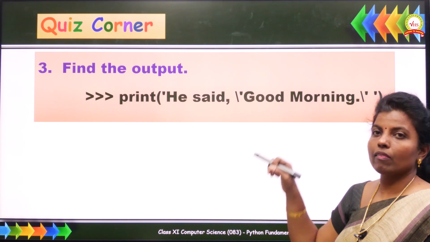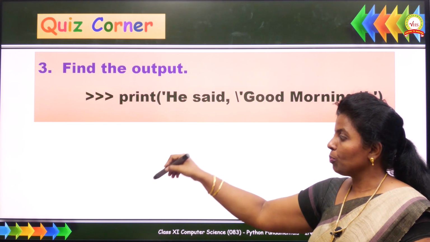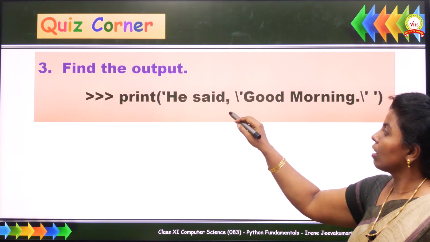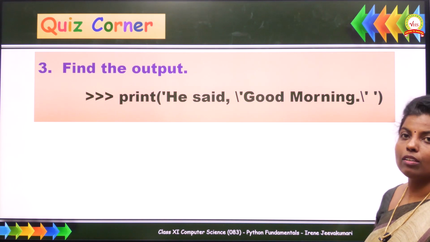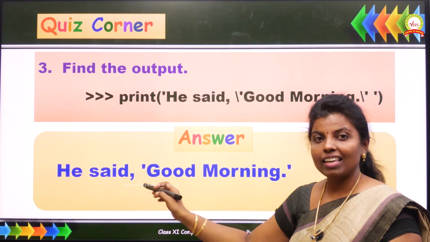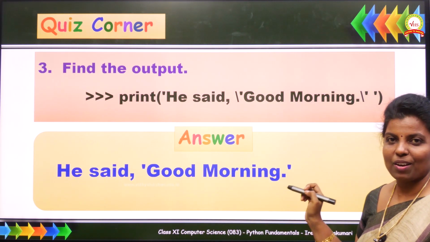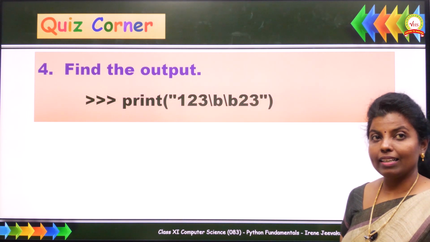So in between, whatever we have given, only those will be printed. So here the output we will be getting is he said comma within quotes good morning and then full stop, and then you will be getting a single quote over here. Let us see what is the answer. This is the answer. He said comma good morning. Okay, so this is the answer printed by this statement. So now let us move on to the next question.